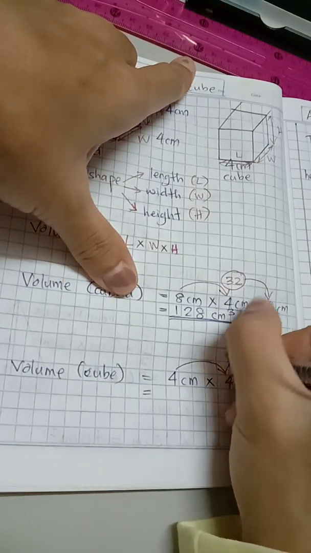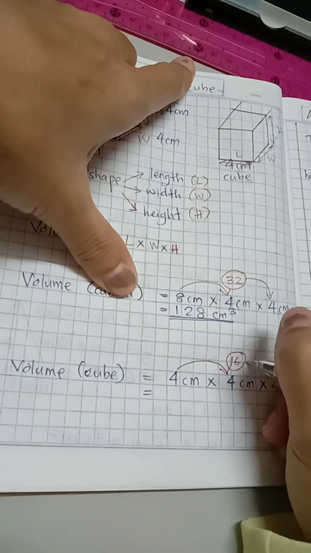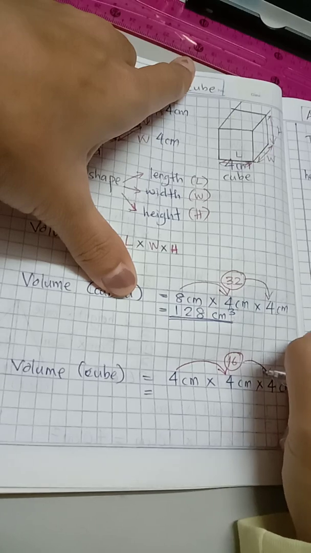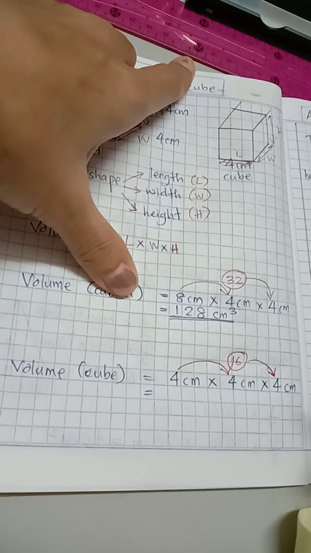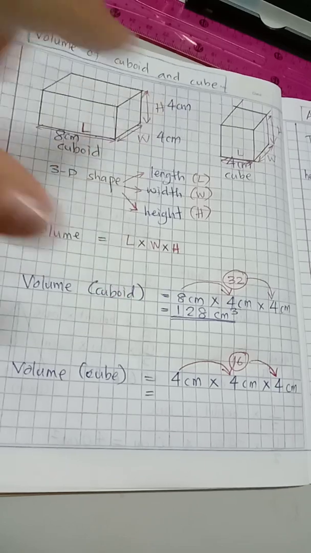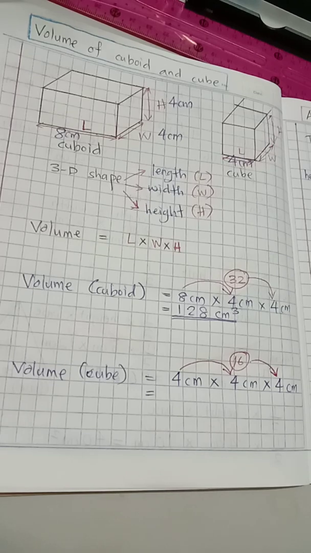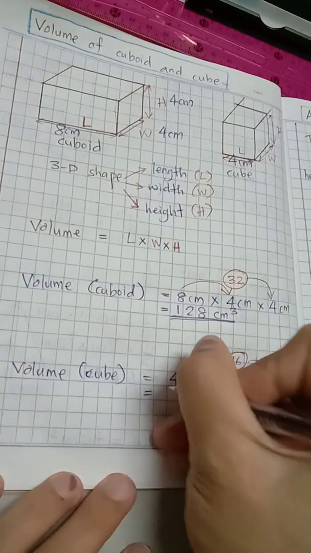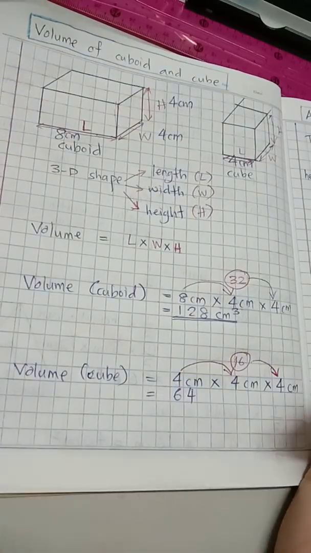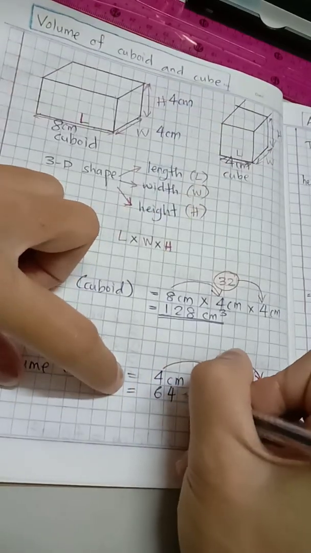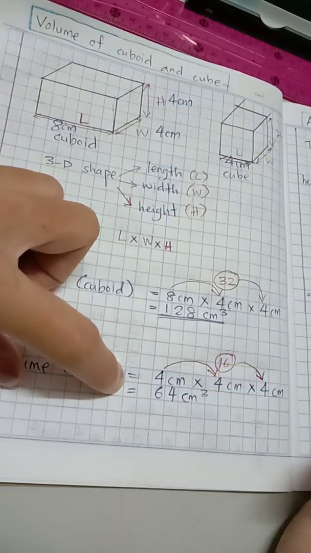It's 16. Now take 16, multiply it by 4. So what is 16 times 4? Can you help me to calculate? 16 times 4 is 64. So the volume for the cube is 64 centimeter cubic.